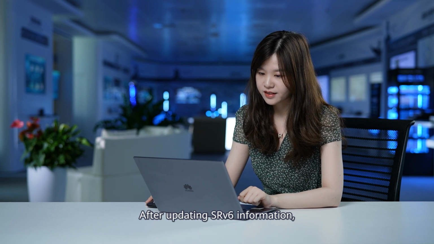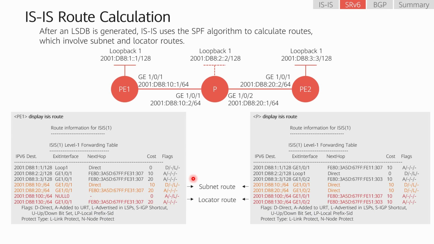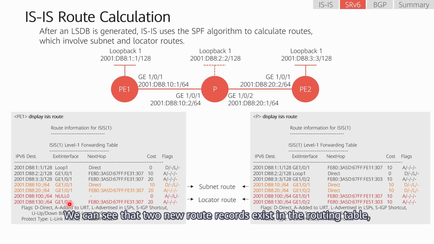After updating SRv6 information, IS-IS updates the LSDB and then uses the SPF algorithm to calculate routes. Let's take the IS-IS routing table on P1 as an example. We can see that two new route records exist in the routing table. One indicates the locator route of P1 and the other indicates that of P2.